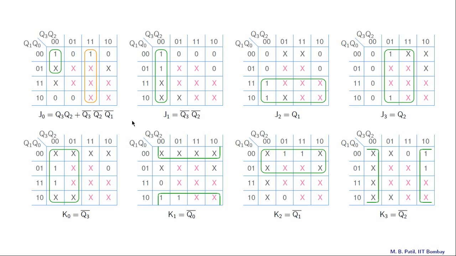Notice that we have two different types of X's here. The ones which are marked in the pink color came from states which are missing in the transition table, whereas these others came from our table for J and K given Qn and Qn plus 1. But they're all don't care conditions, and we can choose each one of them to be 0 or 1 so as to minimize the expression for J0 or K0, etc. In the map for J0, we have taken these X's to be 0.